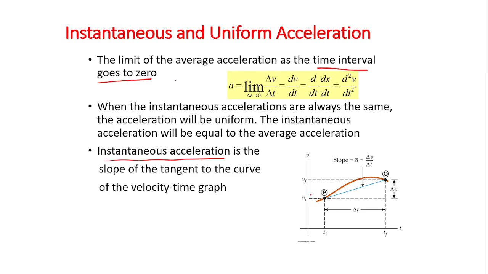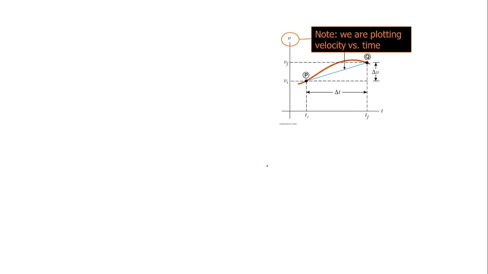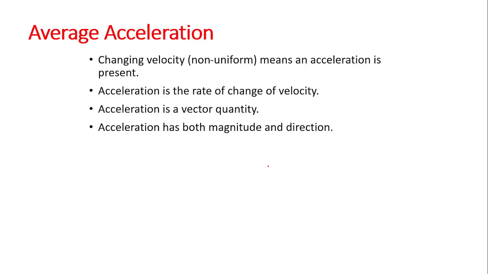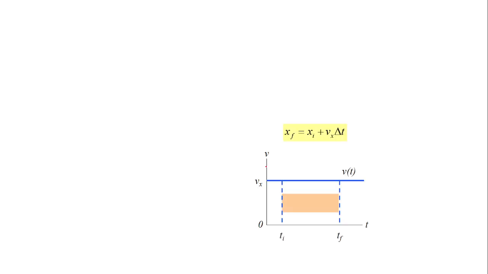But in this case, this is not the graph for instantaneous acceleration. I'll show you the graph. It also looks like that of instantaneous velocity. It just looks the same. The only difference is that for instantaneous velocity, you are having the distance.